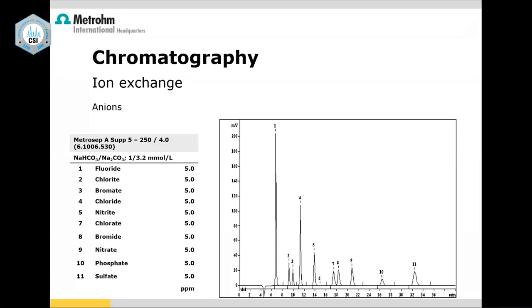And the beauty of this technology is that you are able to do fluoride, chloride, bromide, etc. You can also do oxyhalides: chlorite ClO2, bromate BrO3, chlorate ClO3, perchlorate, then nitrite. You can distinguish between nitrite and nitrate, and we can see the importance of that. Then phosphate, sulfate. You can do sulfite also, sulfide, S2 minus is also possible, SO3 2 minus is also possible. Then thiocyanate is possible, thiosulfate is possible.